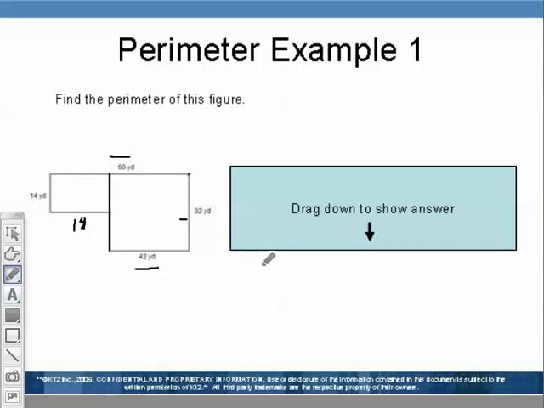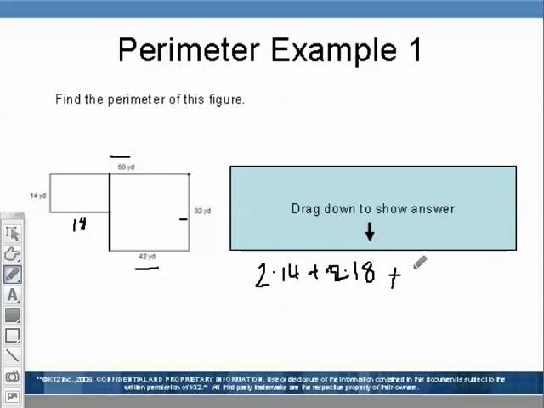And since we knew this one was 14 already, now I could figure up the perimeter of both of these. I could say 2 times 14 plus 2 times 18, plus 2 times 42 plus 2 times 32. Boy, am I writing really badly. I'm going to have to quit using my finger and use my pad here. Sorry.